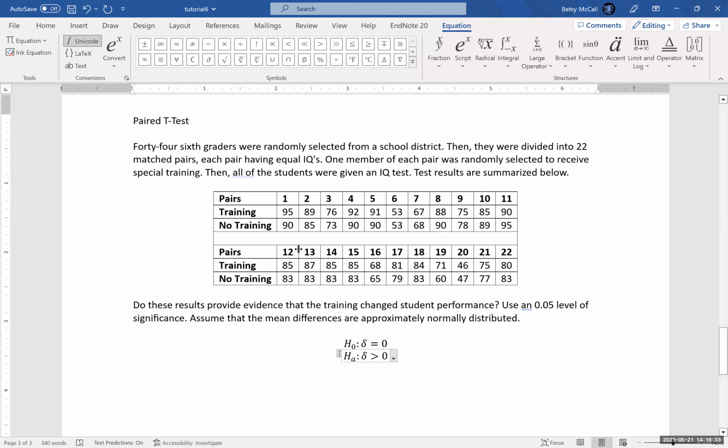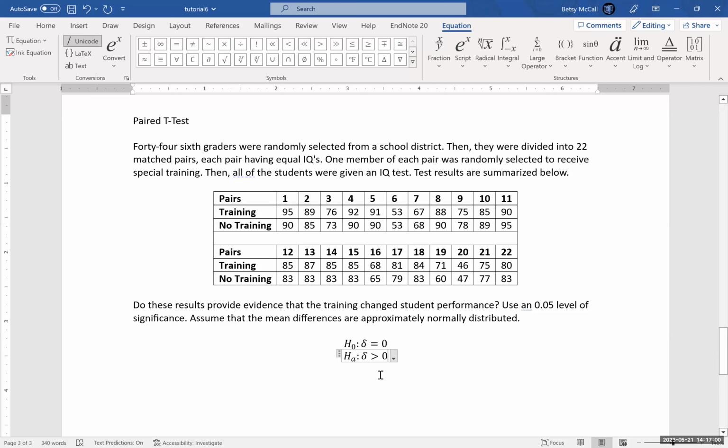If we subtract training minus no training, and the students that received the special training were higher, then those differences should overall be positive. That's what we want to test. If the training improved the performance, then those scores should be higher, and if we subtract training minus no training, we will get a positive difference.